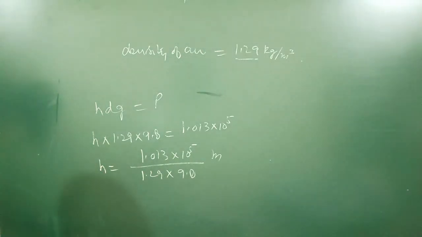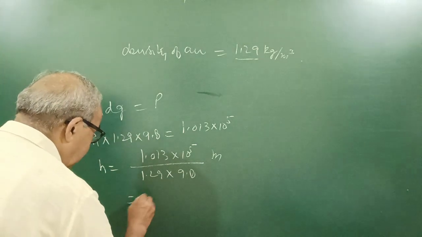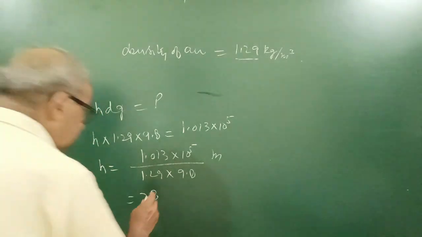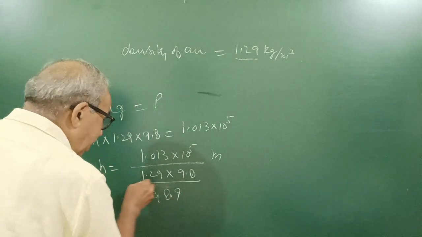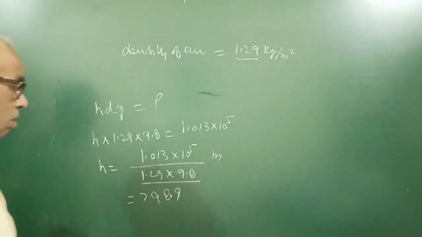So how much does this come out to be? It comes out to 7989. You multiply this and then divide. Please learn division.